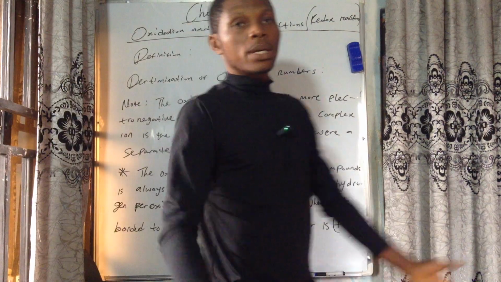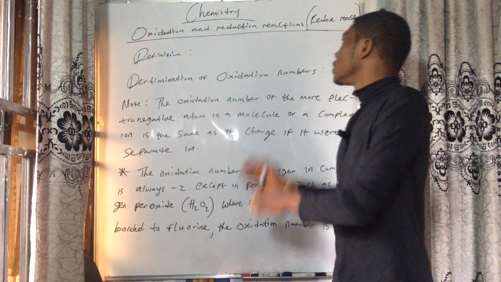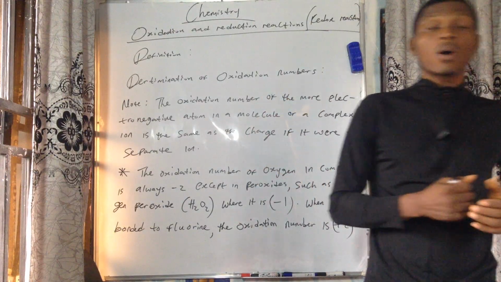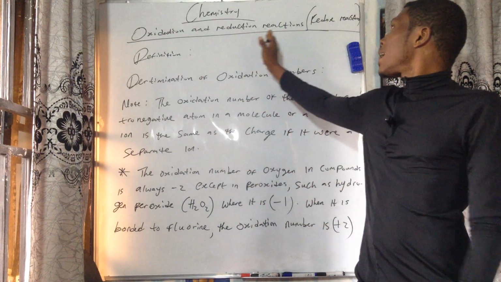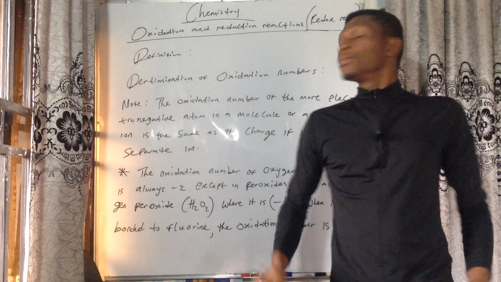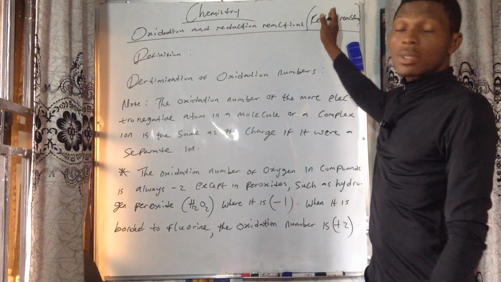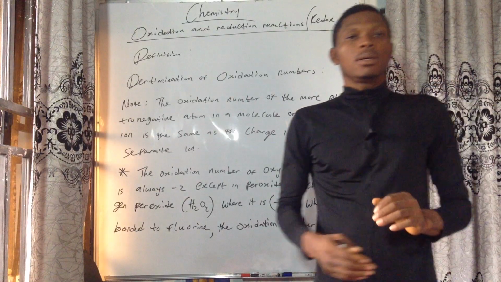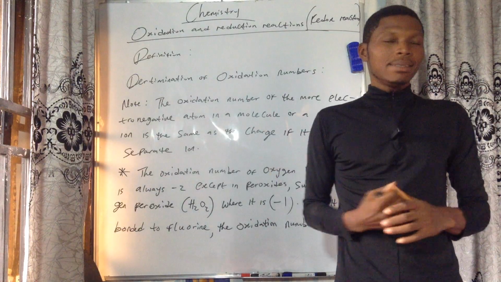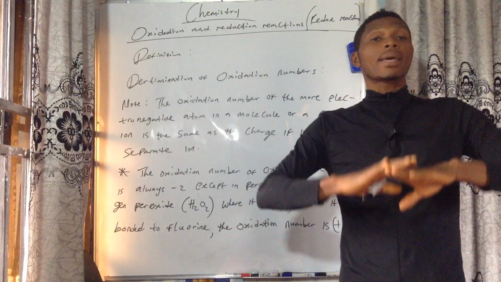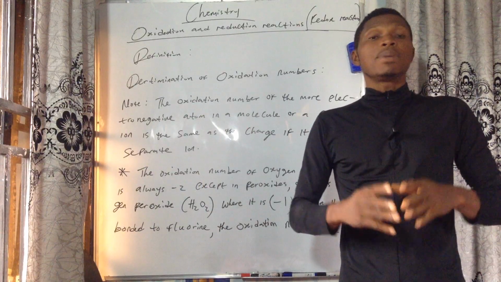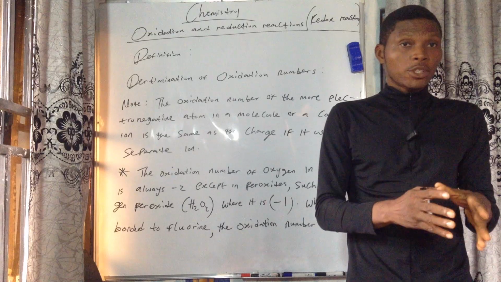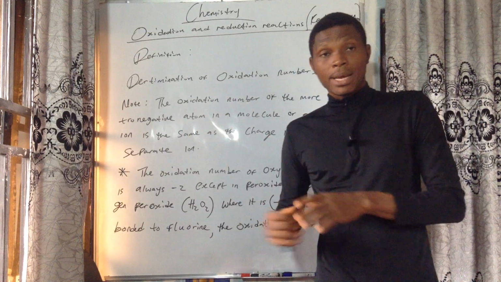All right, students, let us now go into this interesting topic called oxidation and reduction reactions, or we put it like this, redox reactions. Fundamentally, all chemical reactions are classified into redox reactions and non-redox reactions.